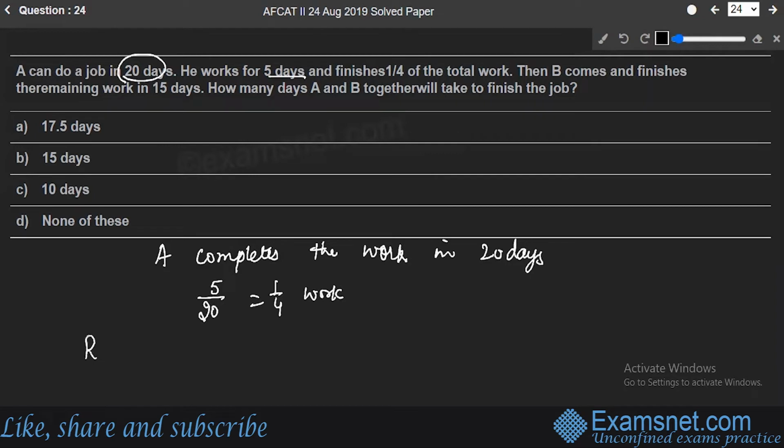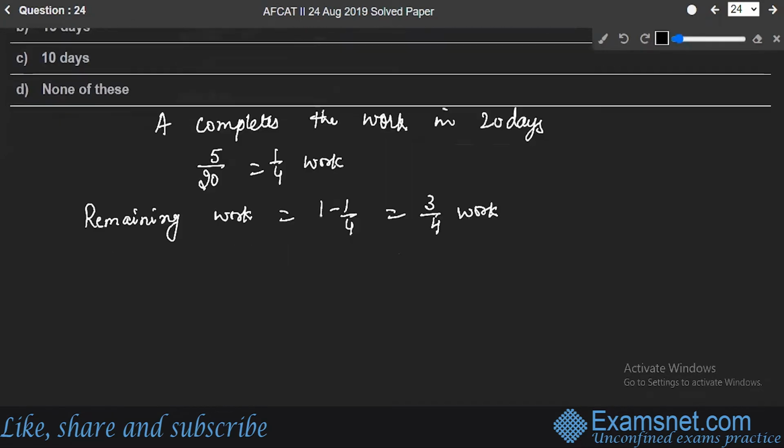Now, what is the remaining work? If he completed 1 by 4 of the work, the remaining will be 1 minus 1 by 4. This is equal to 3 by 4 of the work, right? And B takes 15 days to complete 3 by 4 of the work.